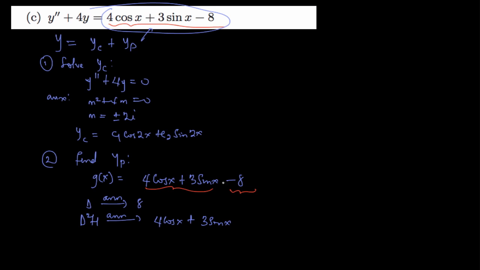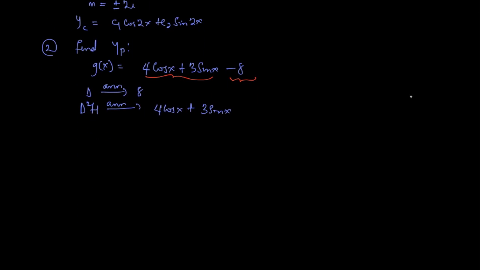So the annihilator that sets the sum or the subtraction of the two of them to 0 is just going to be the product of the two of them. Therefore D into D squared plus 1 annihilates 4 cosine of x plus 3 sine of x minus 8.